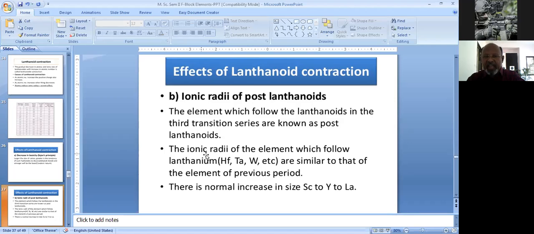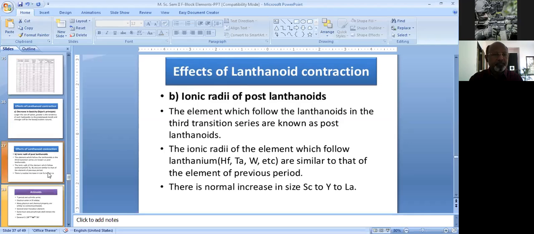The ionic radii of the elements which follow lanthanum are similar to those of the elements of the previous period. There is a normal increase in size from scandium to yttrium to lanthanum. Here we have to give the consequence with regard to lanthanum itself. So there is a size decrease.